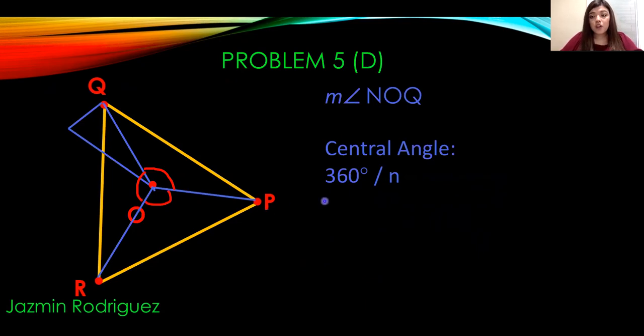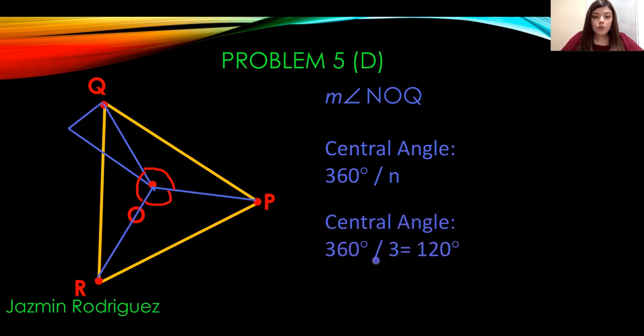And now we know that in order to calculate the measure of a central angle, you take 360 degrees and divide it by n. And n is going to represent our number of sides. So we have 3 sides. That means it's going to be 120 degrees. So each one of these central angles is going to be 120 degrees.